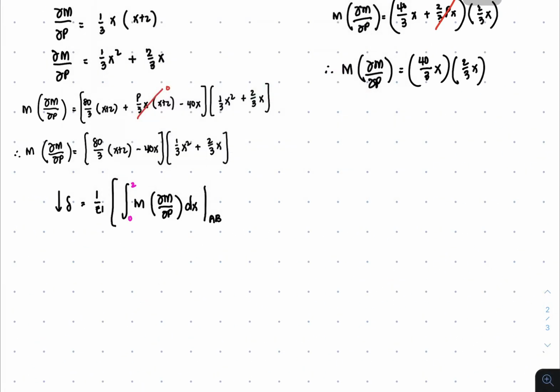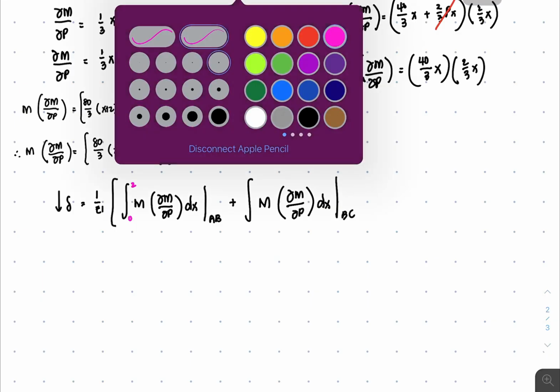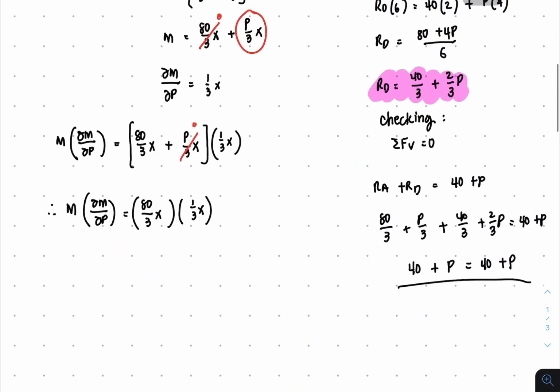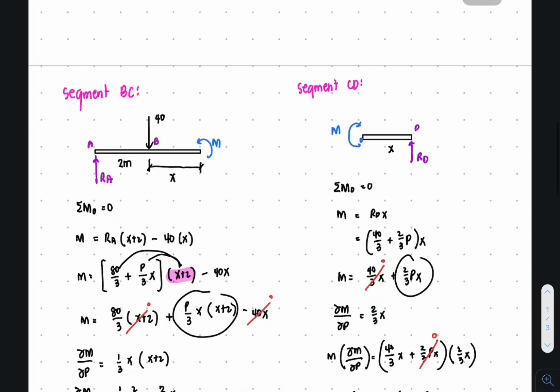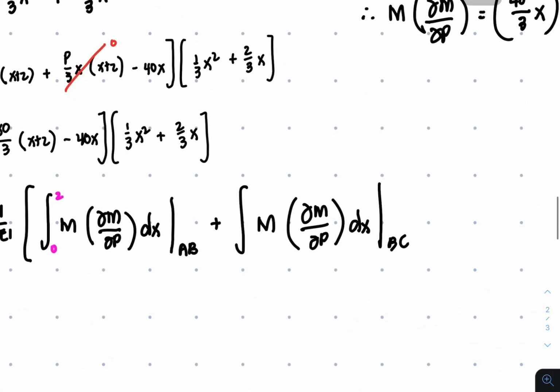Next, we're going to add the integral of the next segment dx from B to C. The length for B to C is 2 meters. So the limit is from 0 to 2.